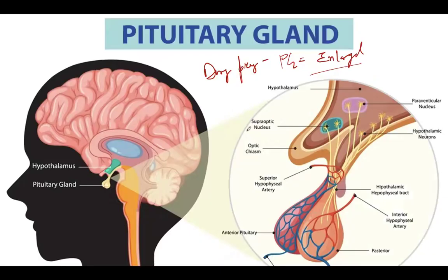When there is an enlargement of the pituitary gland, it requires much more blood. If there is hyperplasia of the pituitary gland, it requires more blood supply.